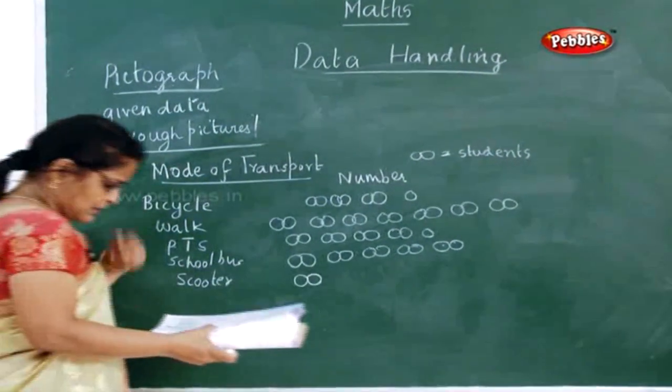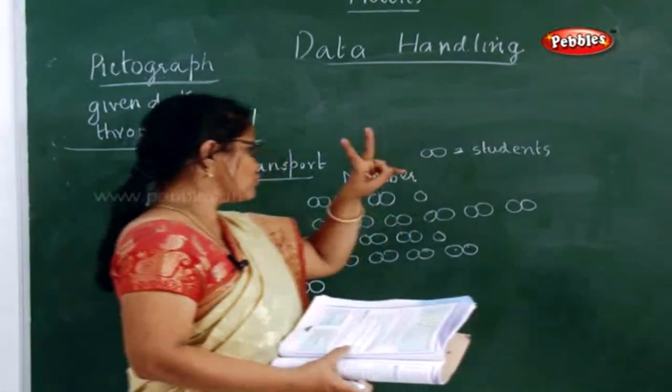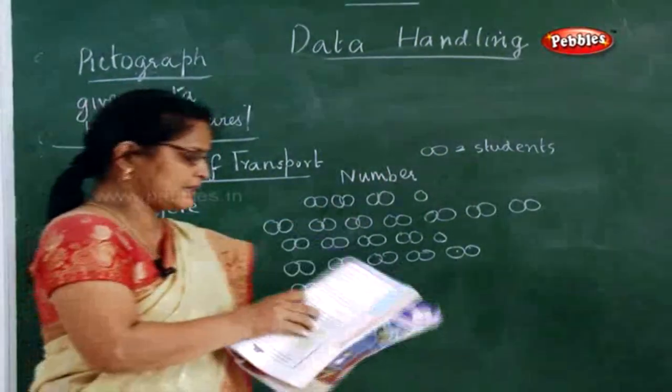Now tell me, I told you it represents 2 students. This represents 2 students. Is it clear now?